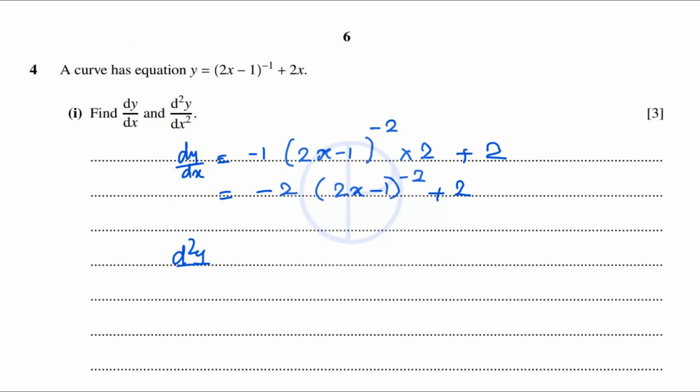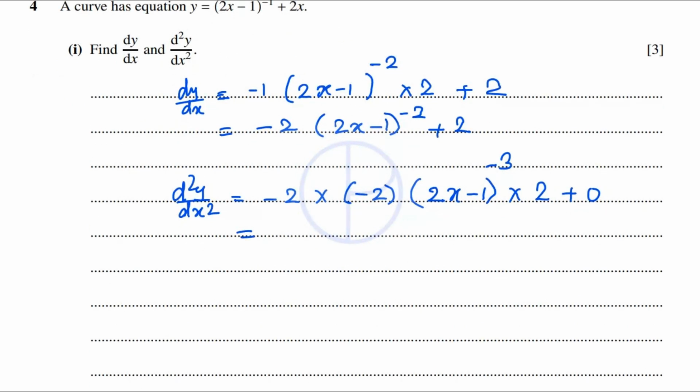d square y by dx square. Negative 2 multiplied by the power, which is negative 2, multiplied by the base 2x minus 1. Decrease the power by 1, so minus 3, multiplied by the coefficient of x, which is 2. And when you differentiate the constant 2, you will get 0.